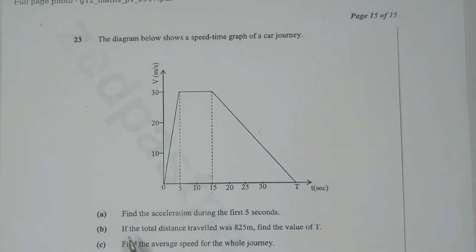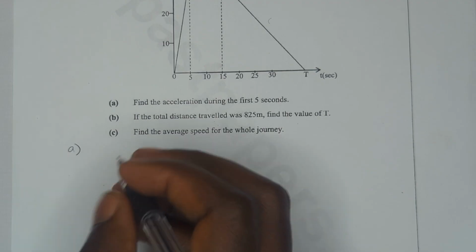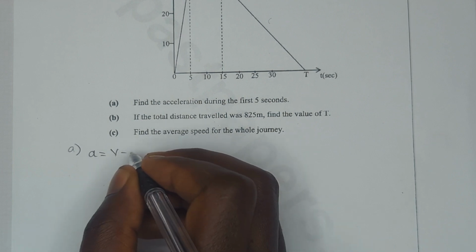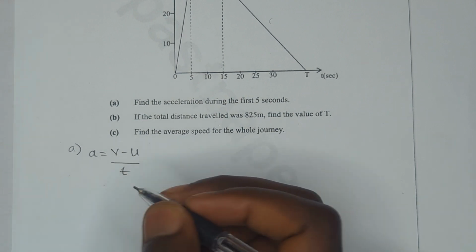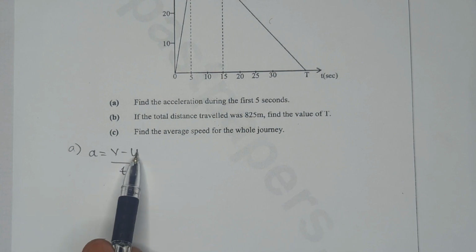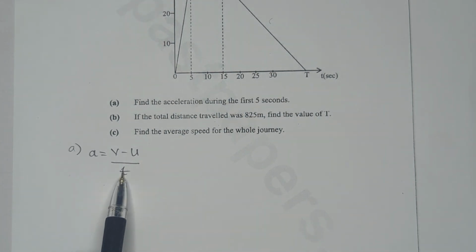Now the first question says, find the acceleration during the first 5 seconds. To calculate acceleration, the formula is acceleration is equal to v minus u over t. So v is the final velocity, u is the initial velocity, and t is the time.